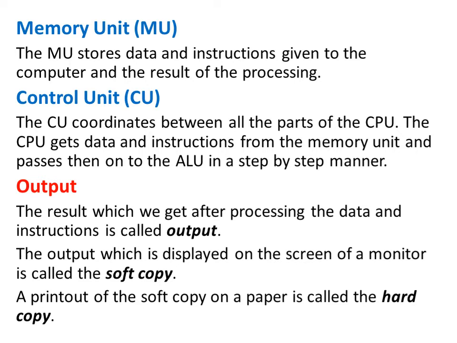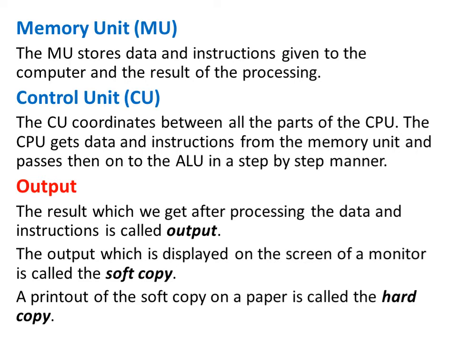The CPU gets data and instructions from the memory unit and passes them on to the ALU in a step-by-step manner. So see how this process cycle works in a computer.